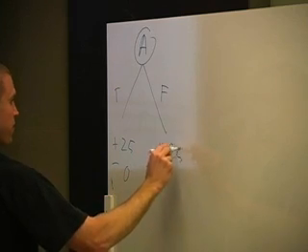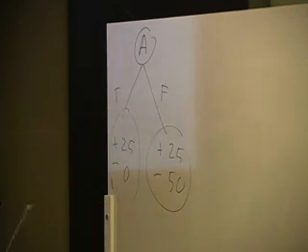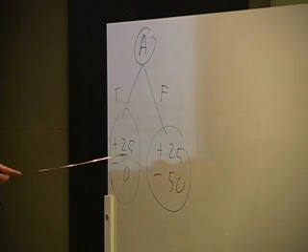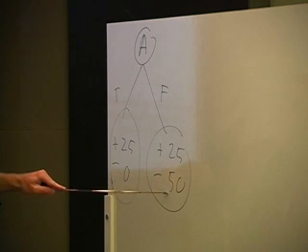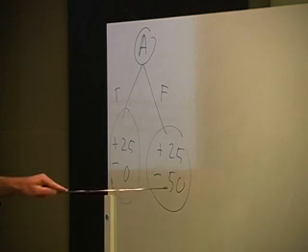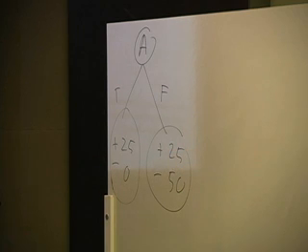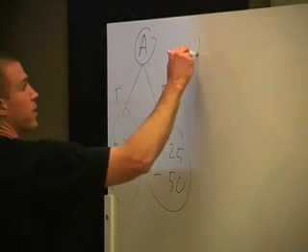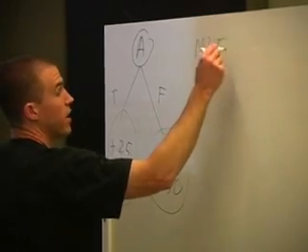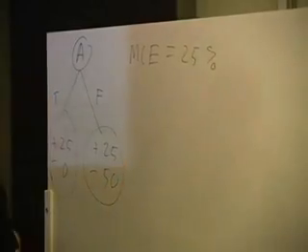So splitting on A, in one node, you could call this the positive node because it's 25 positives and no negatives. And the other node, you could call the negative node because there are 50 negatives and 25 positives. You have one pure node and one node that's 50 out of 75 pure. And so you're only going to classify 25 of the 100 observations wrong. So the misclassification error for this tree has gone from 50% to 25%. And that is a better split than B or C if you check them out.